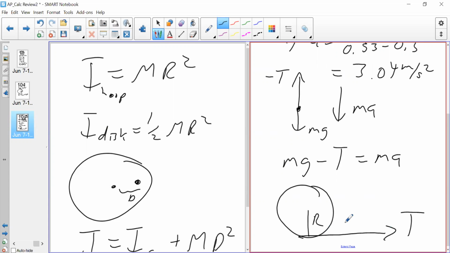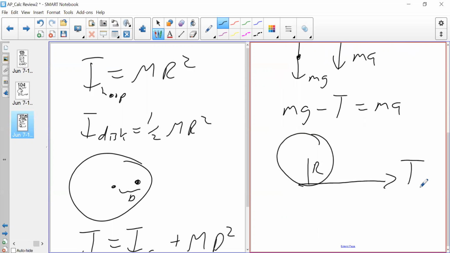What causes things to have an acceleration? A net force. What causes things to have an angular acceleration? A net torque. So torque is the rotational analog of the linear force. In this case, the force is provided by the tension, and this will be TR. And then we also know, let's see, net torque.